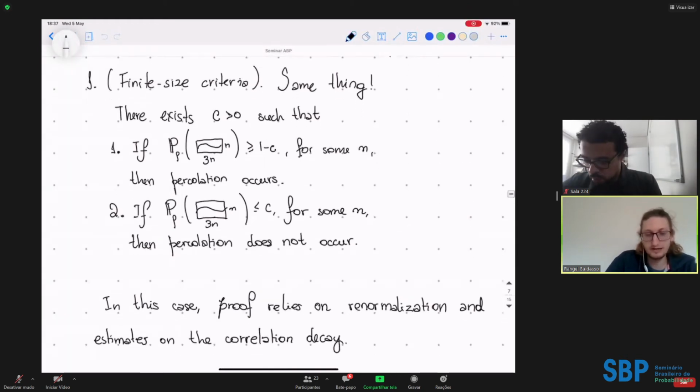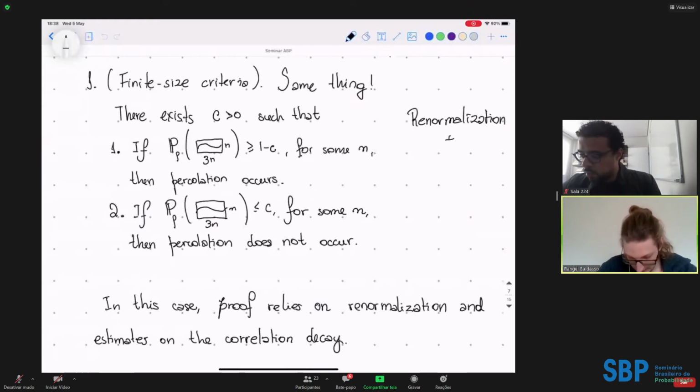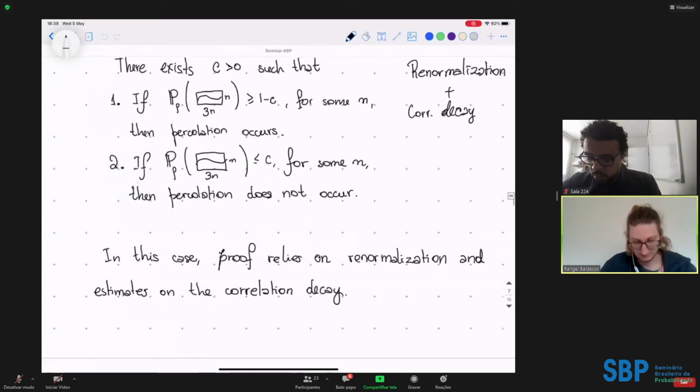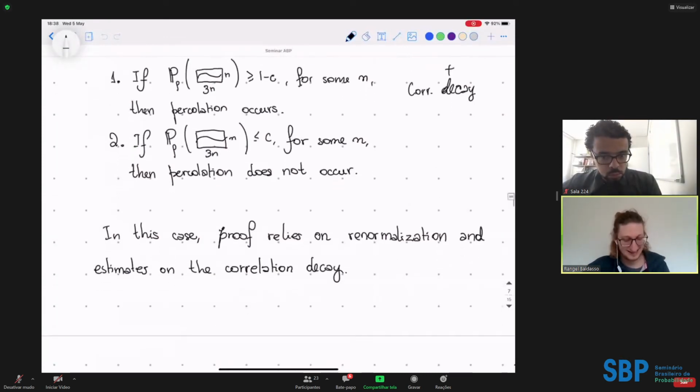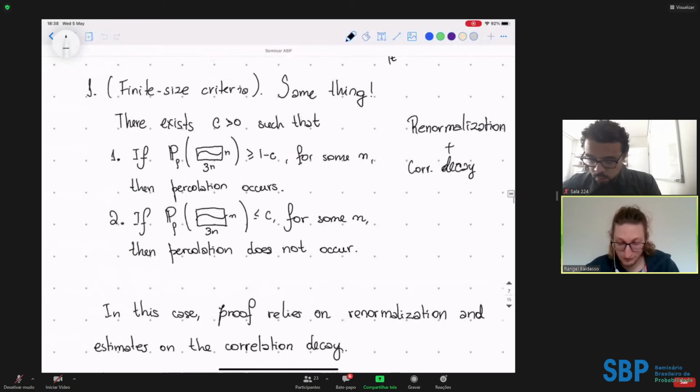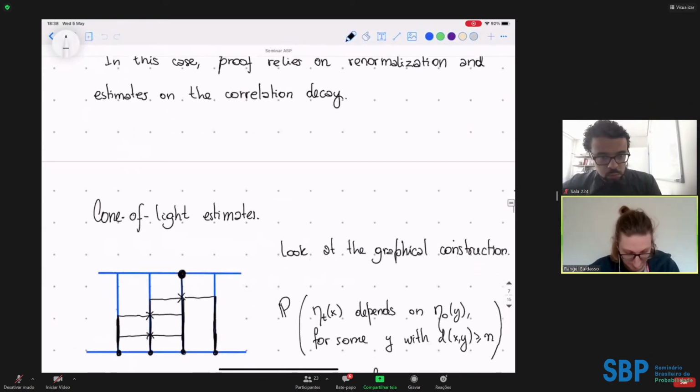So first you need to prove the finite size criterion, which is exactly the same, and this relies on renormalization plus estimates on the correlation decay for our model at time t.